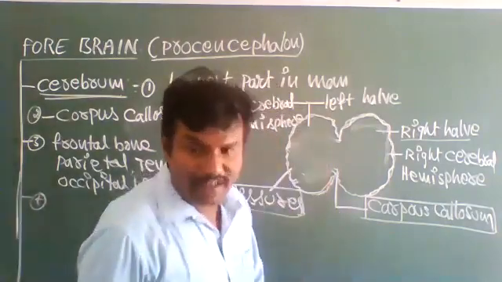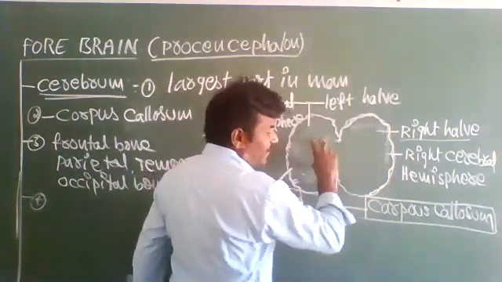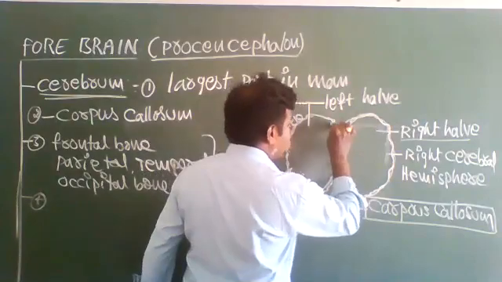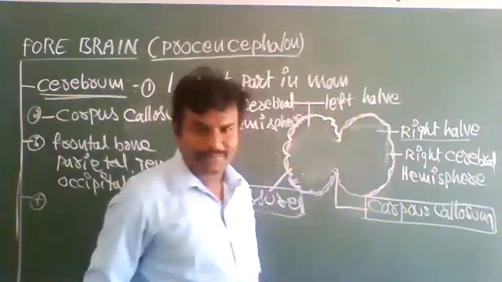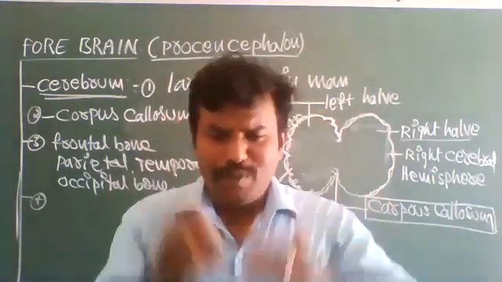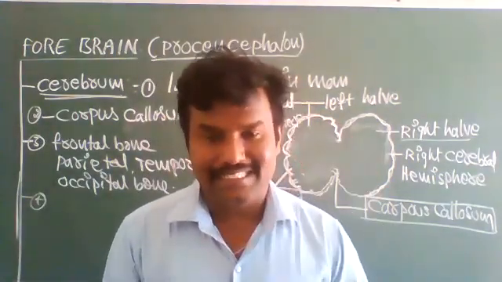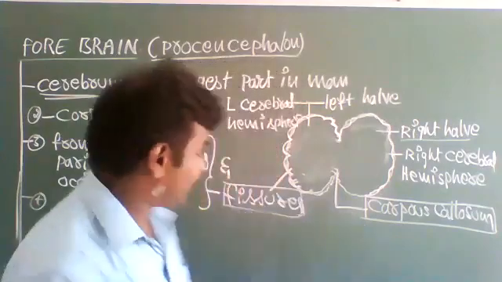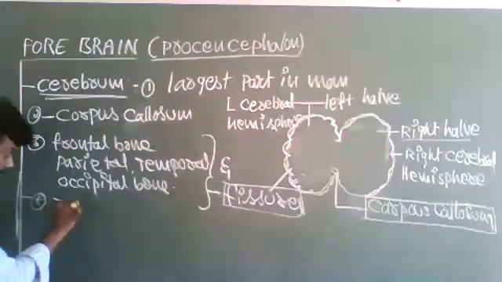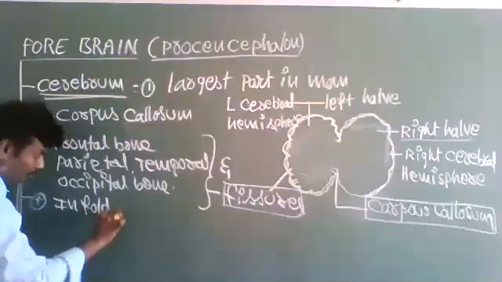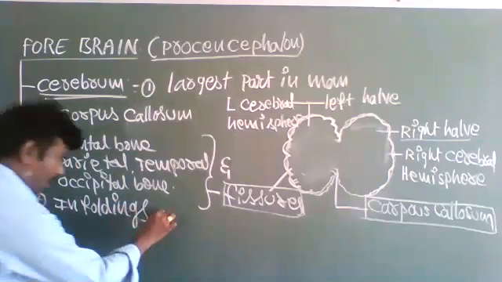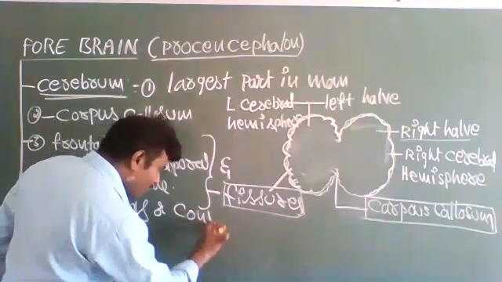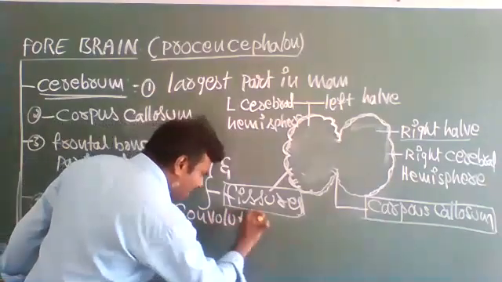The surface area of the cerebral hemisphere consists of numerous infoldings or convolutions.